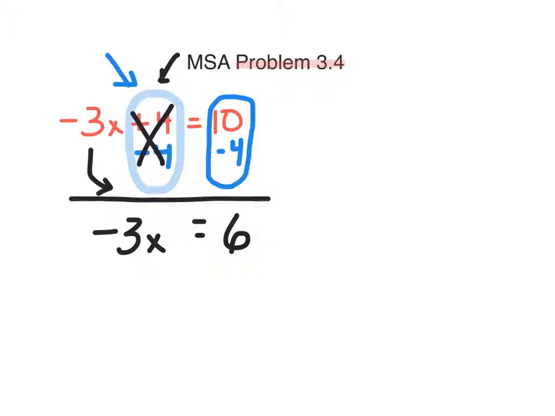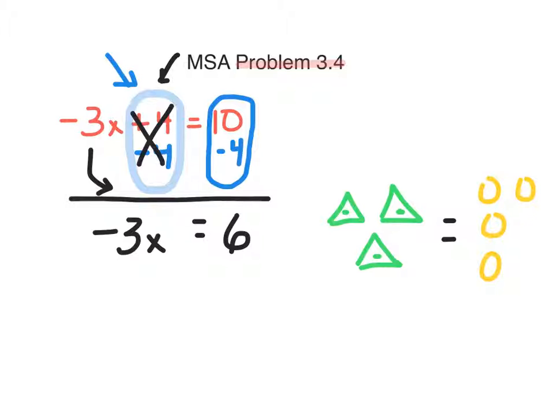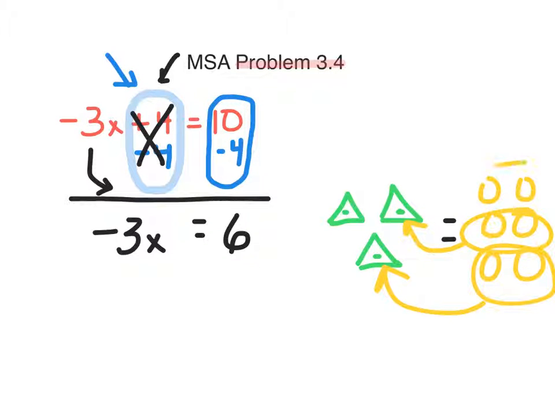So if I think of this in terms of a picture, this would mean I have 3 pouches that are negative on the left side of my equal sign, and I have 6 coins on the right side of my equal sign. So in each of the pouches, there would be exactly 2 coins. However, they would have to be negative, because each pouch is negative.